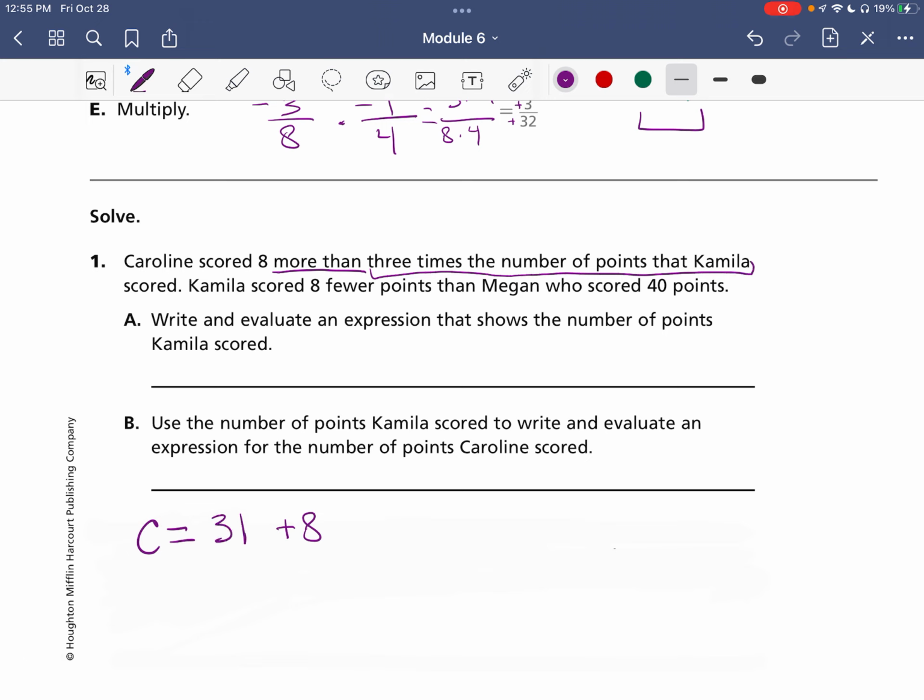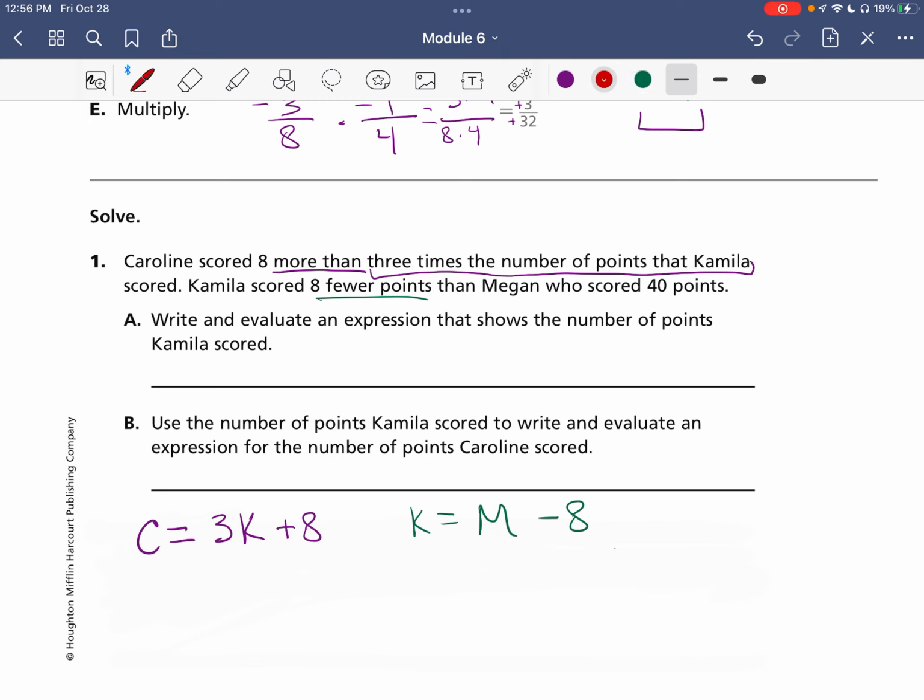So 3 times Camila. And then we know that Camila scored 8 fewer points than Megan.